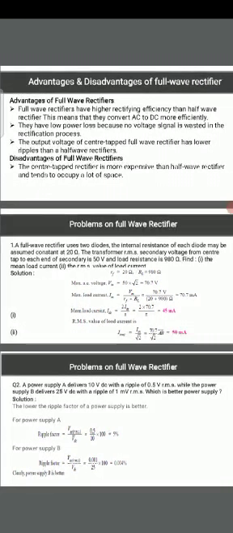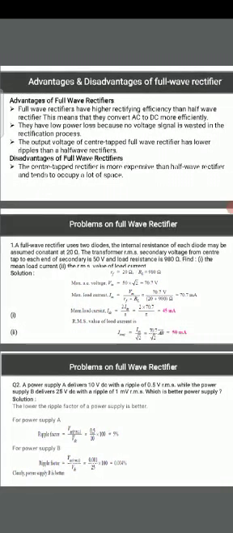In previous classes we already discussed the comparison of half wave rectifiers and full wave rectifiers. When we discuss the advantages and disadvantages of full wave rectifiers, the advantage is that its efficiency is much higher as compared to half wave rectifier, and the disadvantage is that it uses more diodes. More diodes are used in rectifier circuits when compared to half wave rectifier, so its cost is a little bit high.